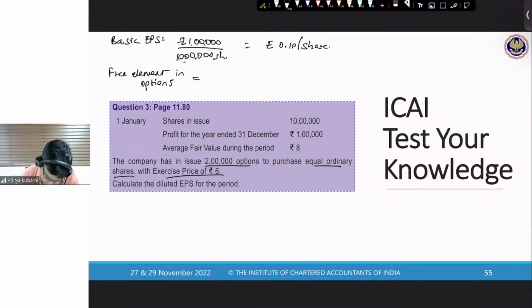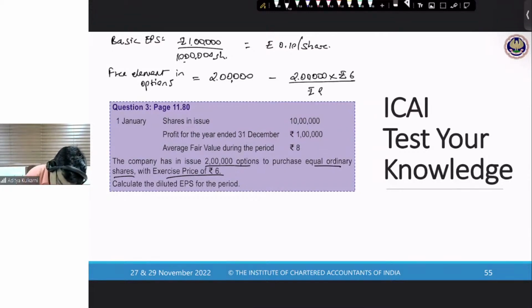Well, see, the company has 2 lakh options in issue. For these 2 lakh options, they will exercise and give 6 rupees each. So I'm going to get 12 lakhs.